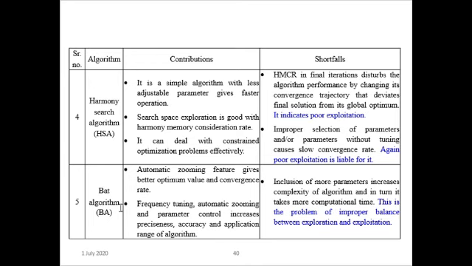For the bat algorithm, the automatic zooming feature gives a better optimal value and convergence rate, and the frequency tuning, automatic zooming and parameter controls increase the preciseness, accuracy, and application range of the algorithm. But the inclusion of more parameters increases the complexity of the algorithm, and ultimately the time increases. This is because of improper balance between exploration and exploitation.